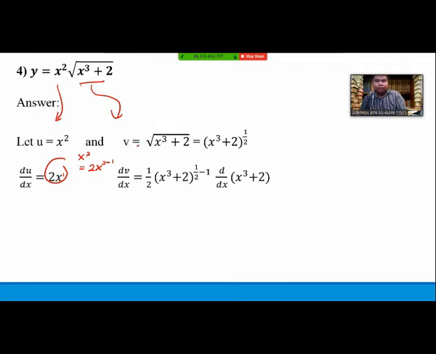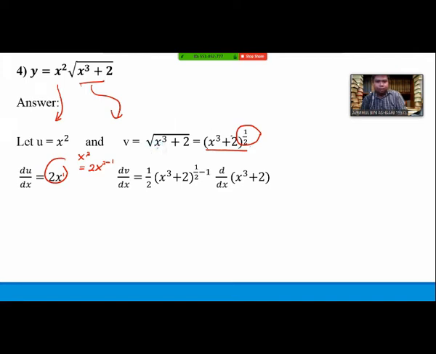Similarly for this case, equal to square root of x power of 3 plus 2 for v. And this one, you can assume that it becomes like this one, which is power of half. Okay.